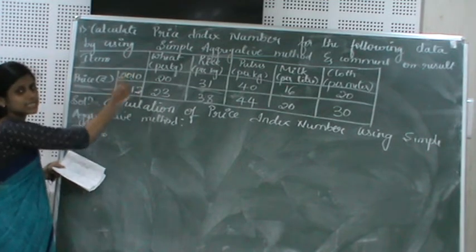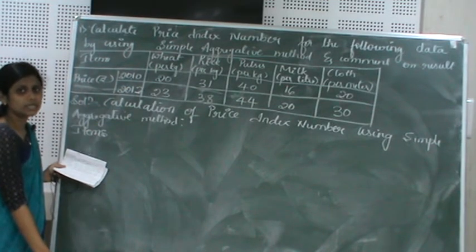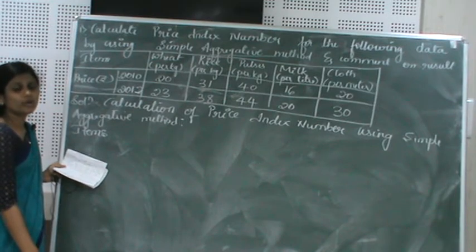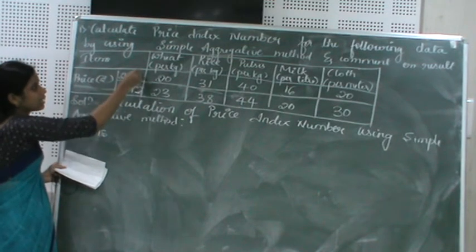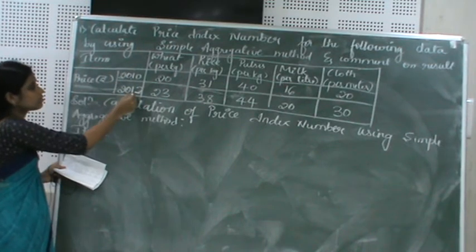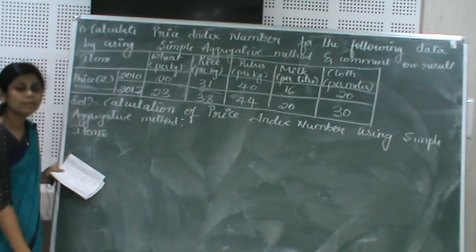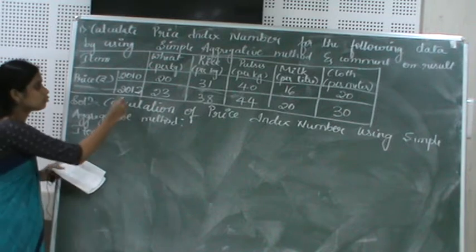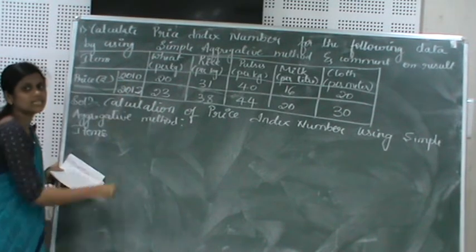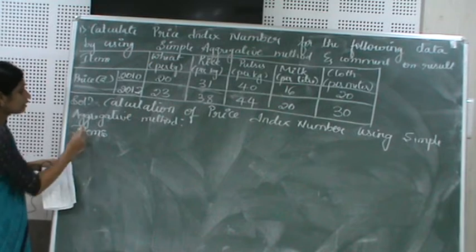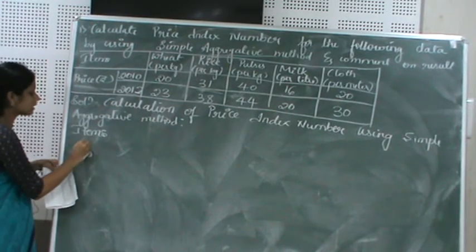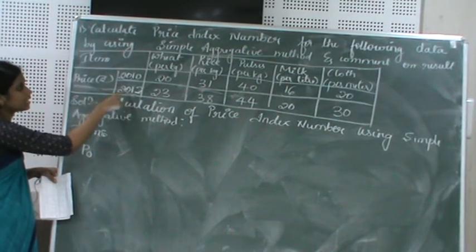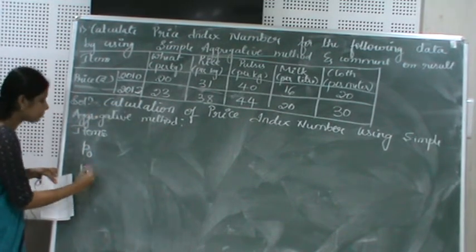In notations, the base year price is denoted by P0, whereas current year price is denoted by P1. So the 2010 price we write as P0 and the 2012 price we write as P1.